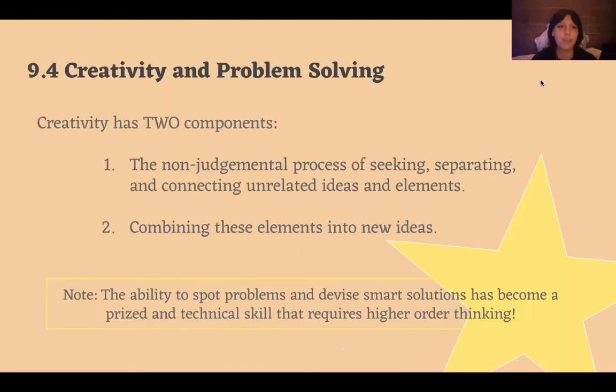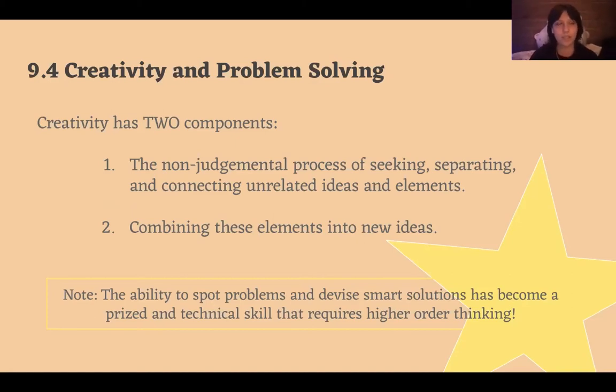Okay, I first wanted to start off with creativity has 2 components. The first being that it's a non-judgmental process of seeking, separating, and connecting unrelated ideas and elements. And then the second component is that it's combining these elements into new ideas.